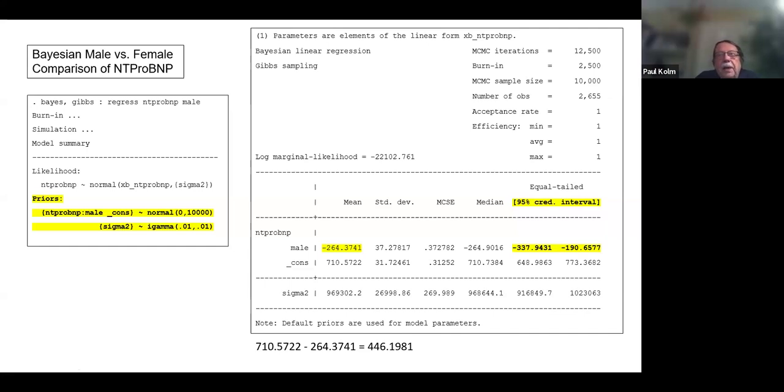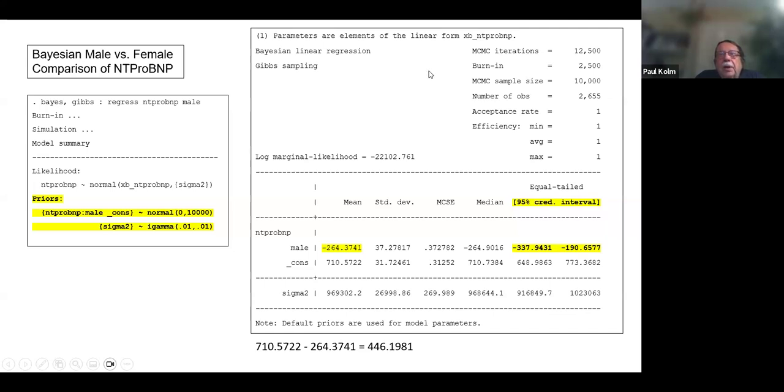And so here are the results from running this from the Bayesian perspective. What we're going to do then is sample repeatedly from this normal distribution that we've assumed.